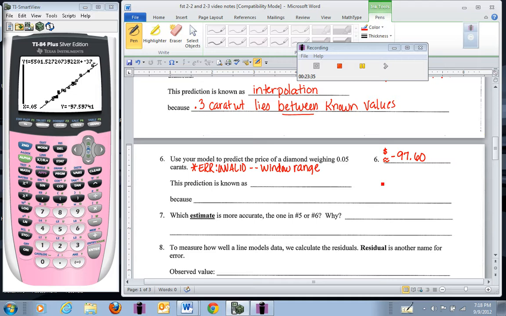Okay? Probably not going to happen. This is called extrapolation. Extrapolation is happening here because this 0.05 carat weight lies beyond known values.